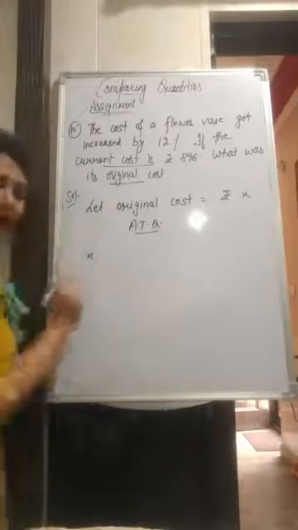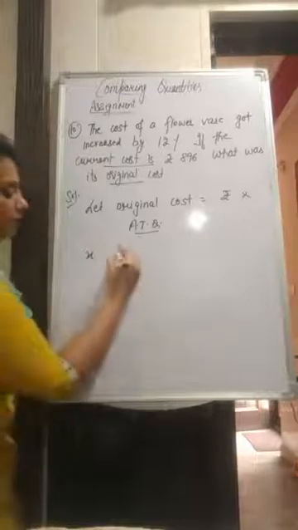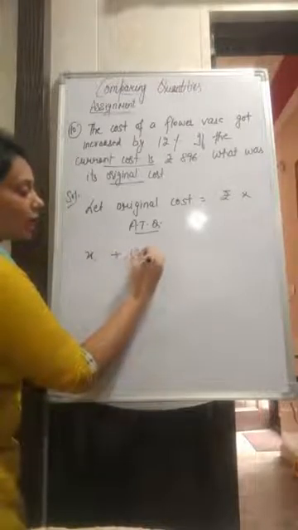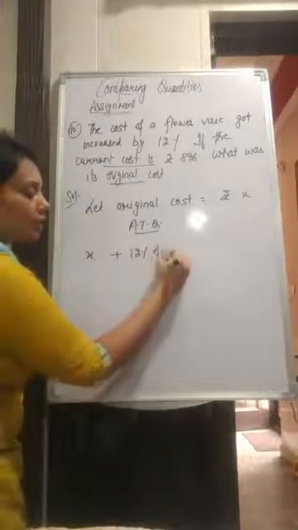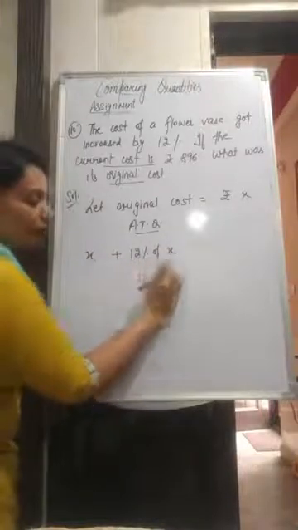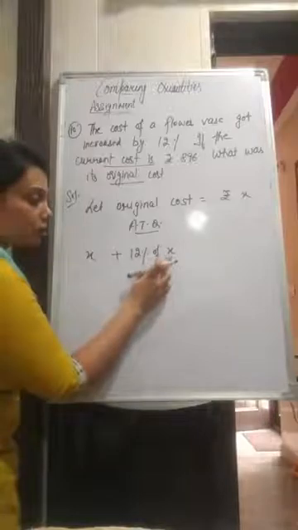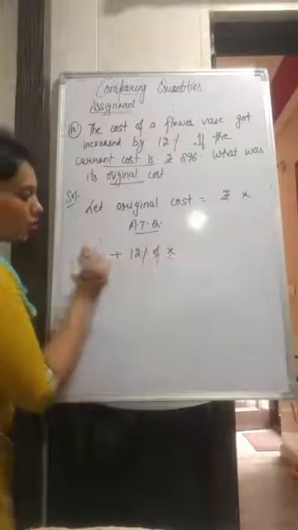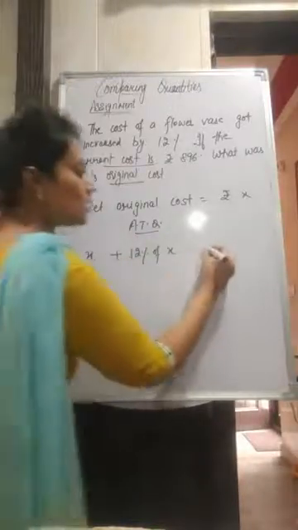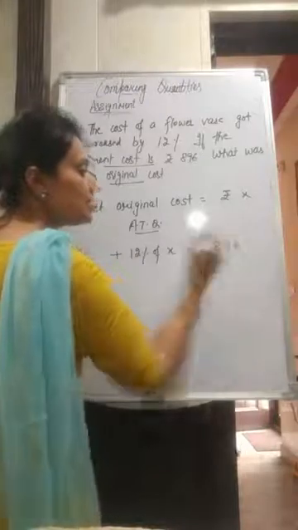See beta, x is the original cost and 12% got increased. The 12% got increased on what amount? On the original amount, right? And the total now is 896.